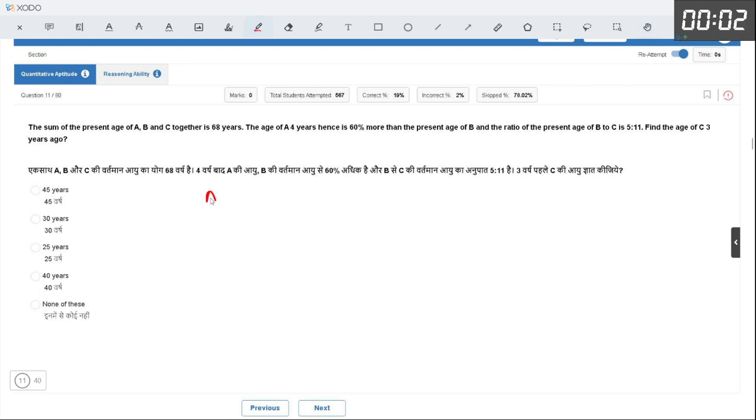The sum of the ages of a plus b plus c is 68. See, I will take it like this. Present time, let us consider the age of b is x. The age of a 4 years hence is 60% more than the present age of b.